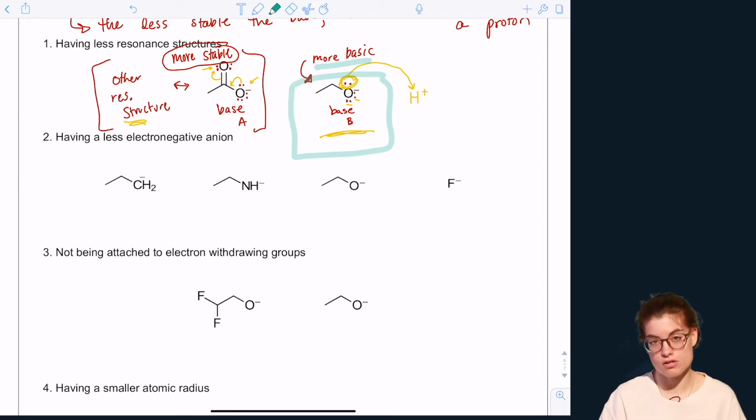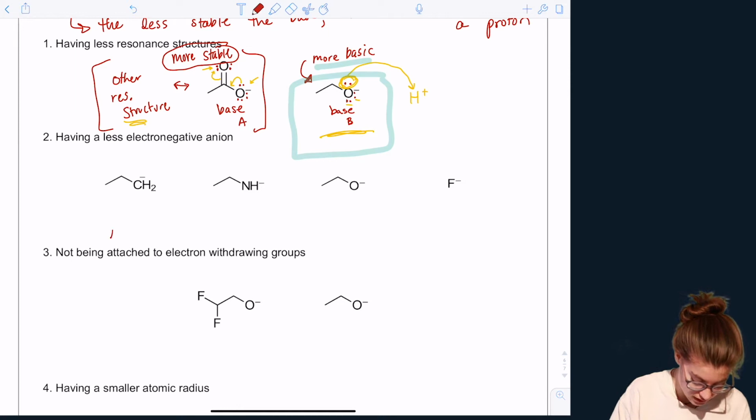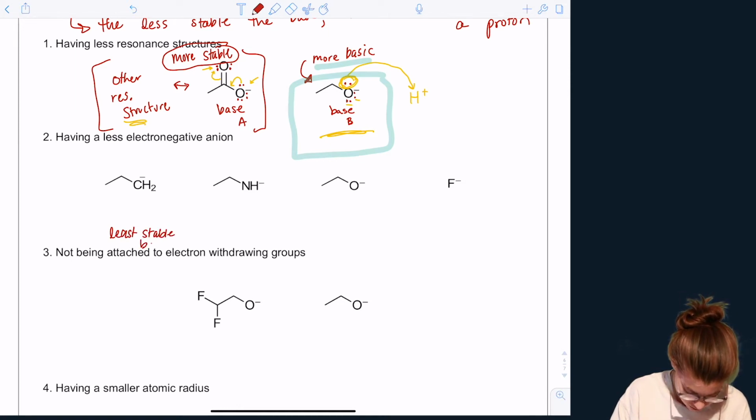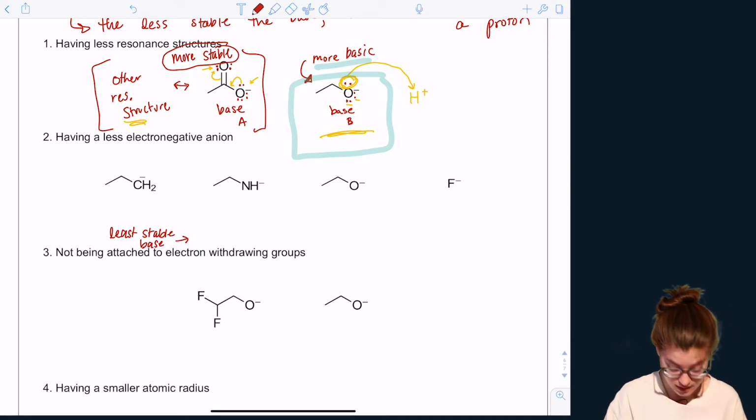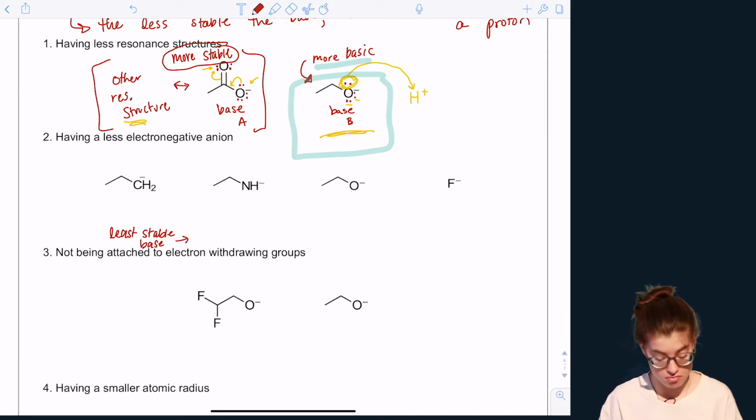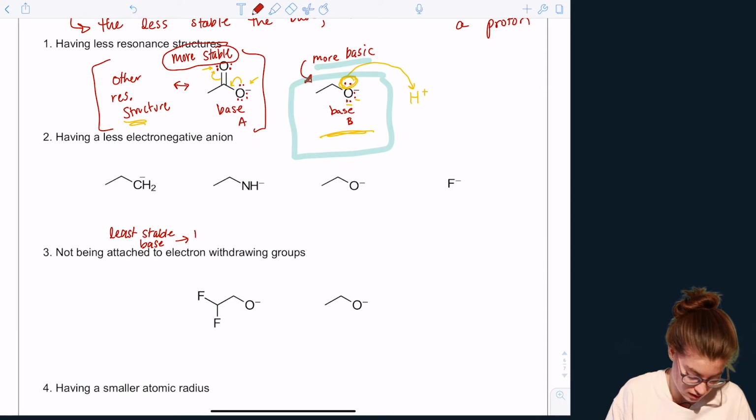And one of those options when you're an anion is to grab a proton, okay? So this is the least stable base, and therefore it's the most desperate to grab a proton, and so you could think about it like that.